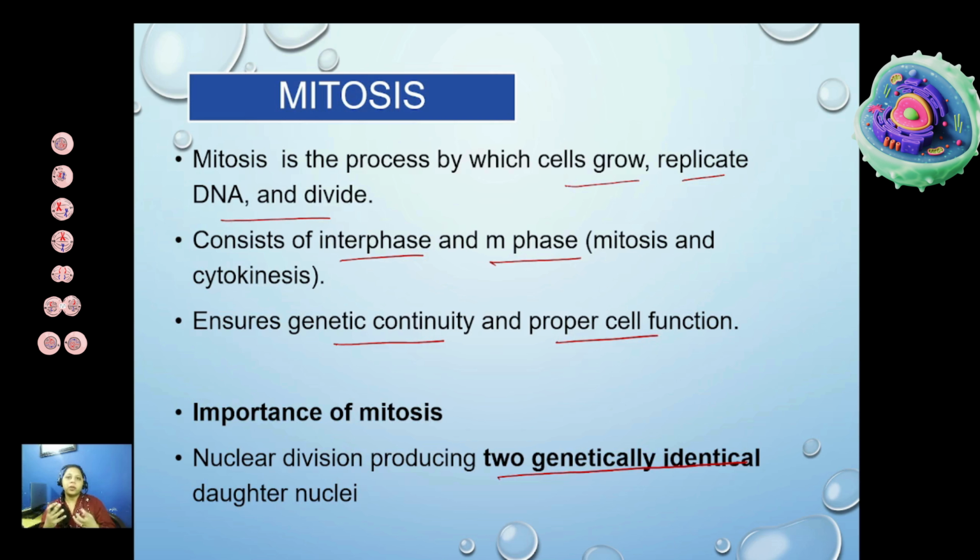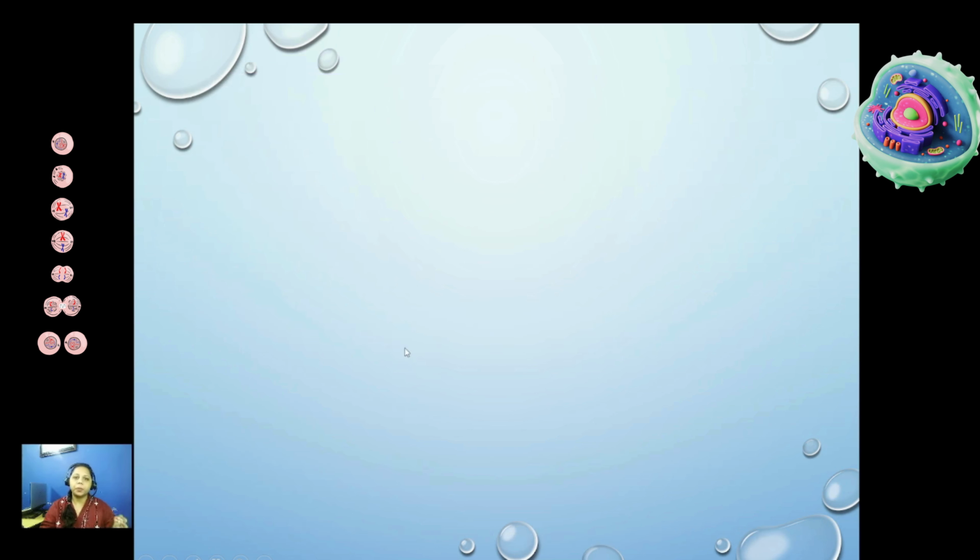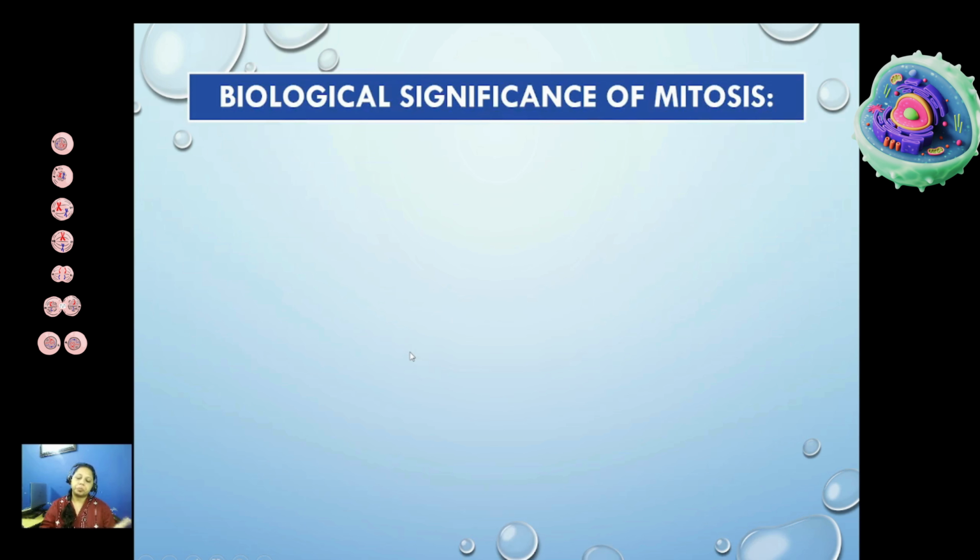So the information is restored, it doesn't change, and it passes from generation to generation, or from one cell to another during division. It maintains the same number of chromosomes as the parent cell. As you know, chromosome number is very crucial for a species. Every species has a different chromosome number, and mitosis ensures that the chromosome number remains the same in the cells.